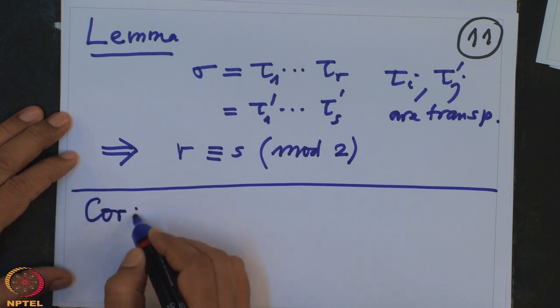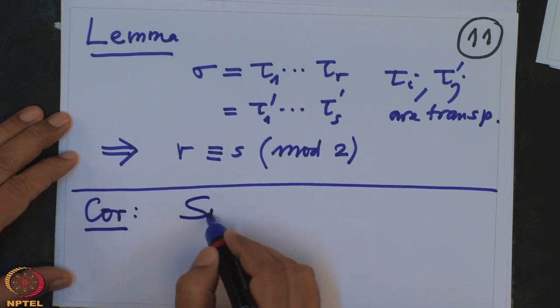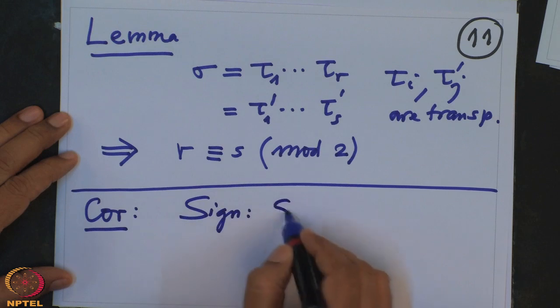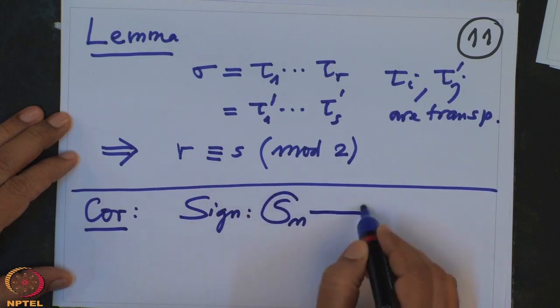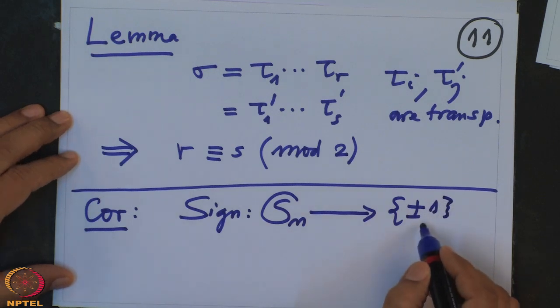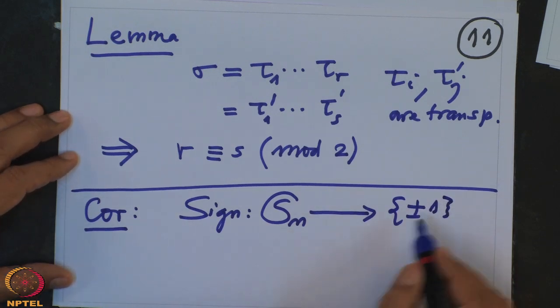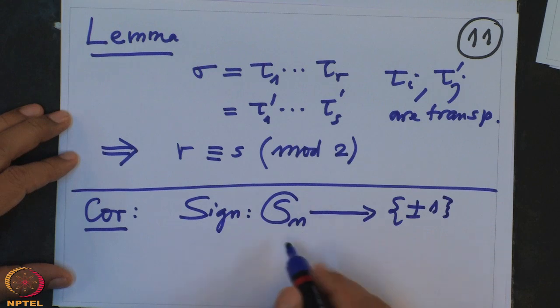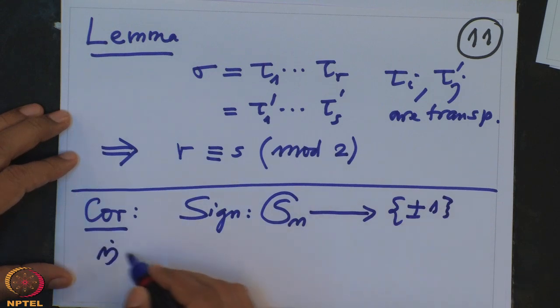But this will allow us an important consequence, a corollary: the sign map from Sn to the set {plus 1, minus 1}, which is a group under multiplication, just as Sn is a group under composition, is a group homomorphism.